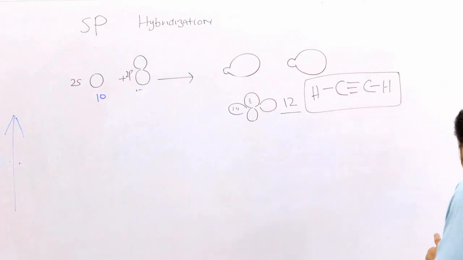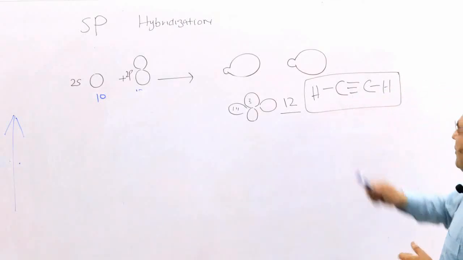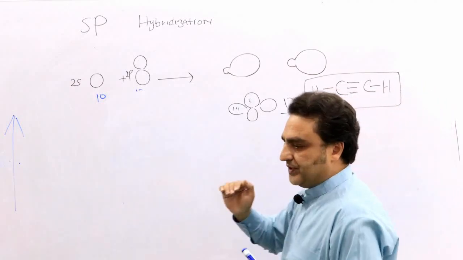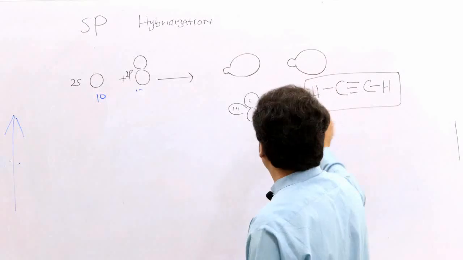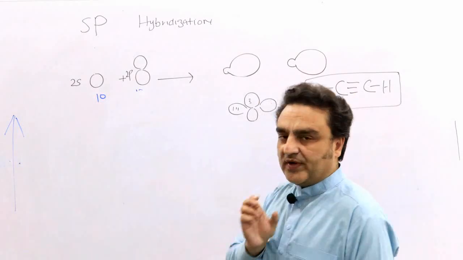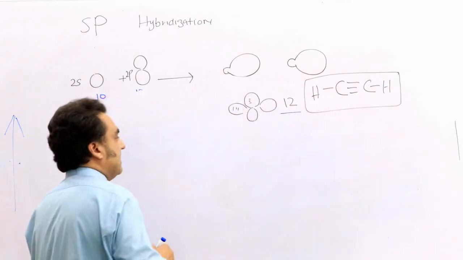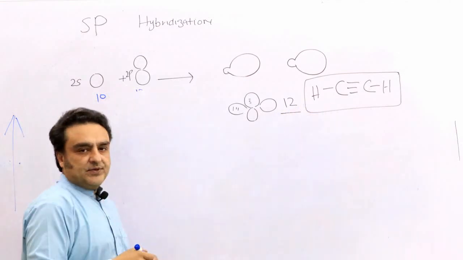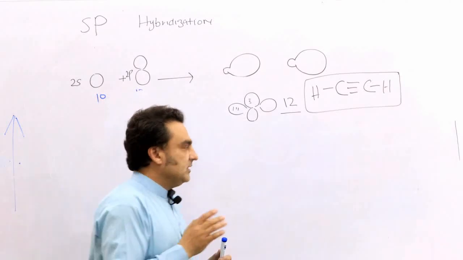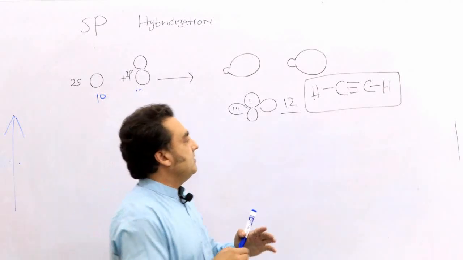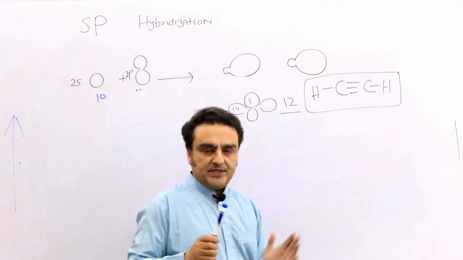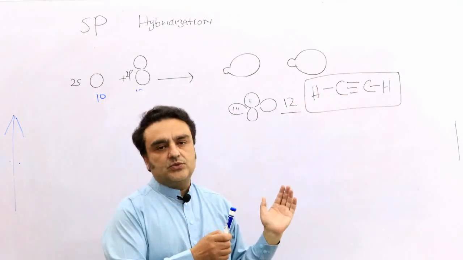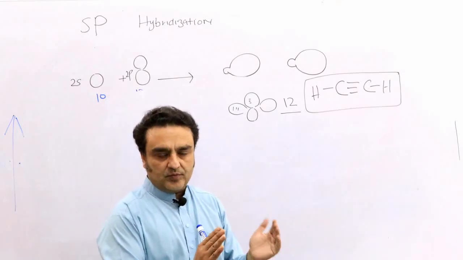Now this is the molecule, and we need to justify this structure by using hybridization. One thing is clear: it has hydrogens, and for the sake of simplicity we may say that only carbon is hybridized. Those carbons hybridize, and hydrogen uses just its one s orbital for bonding.